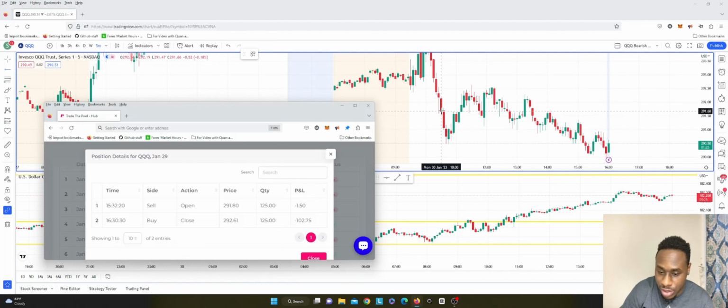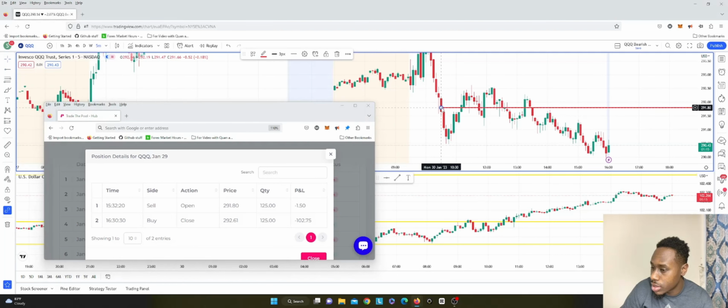So on the 1030 candle, 29180, this is where I entered to the sell side, right?